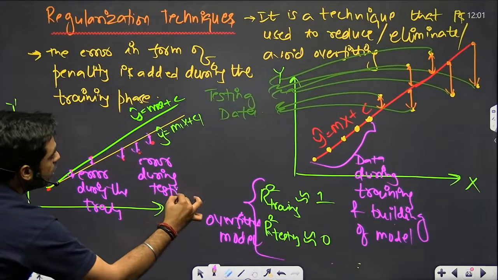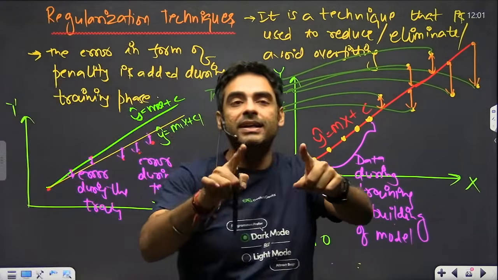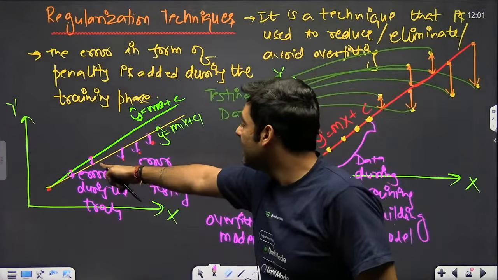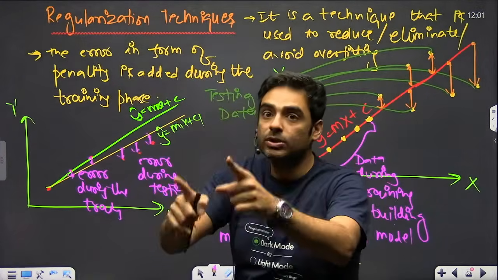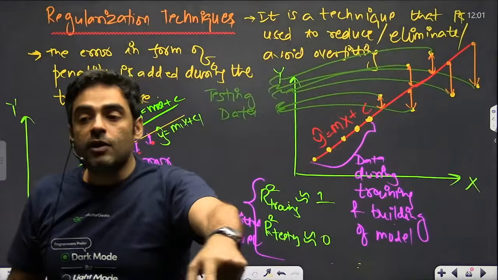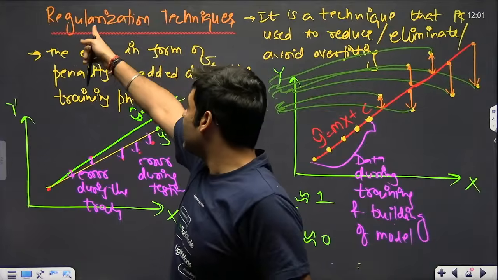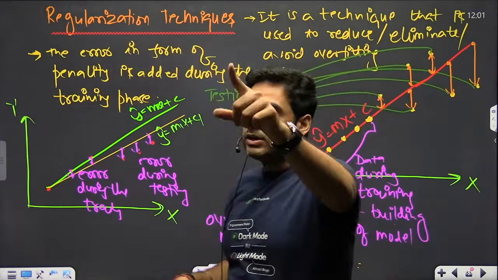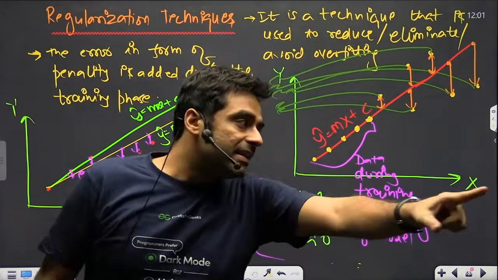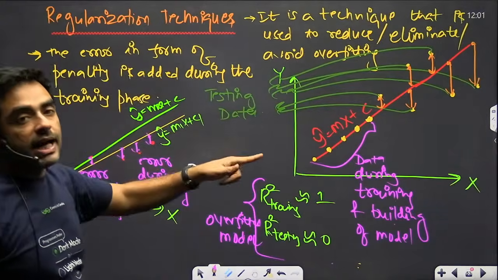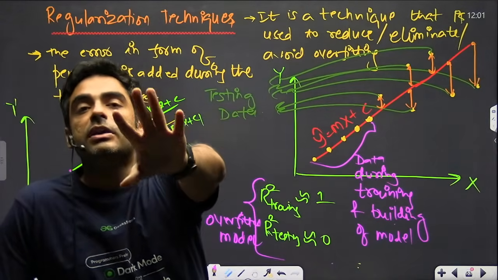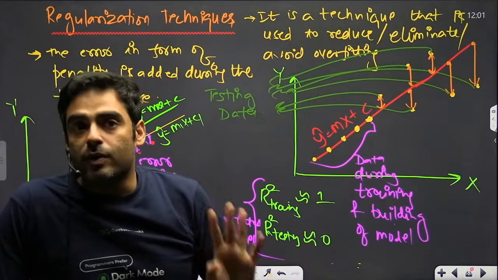So what I did is I tried to add error during the training phase so that the overall error could be reduced. This is my approach in the regularization techniques, and that is known as the regularization technique.